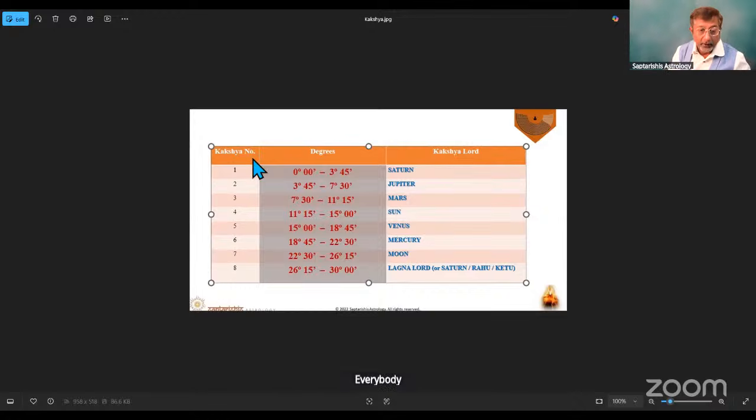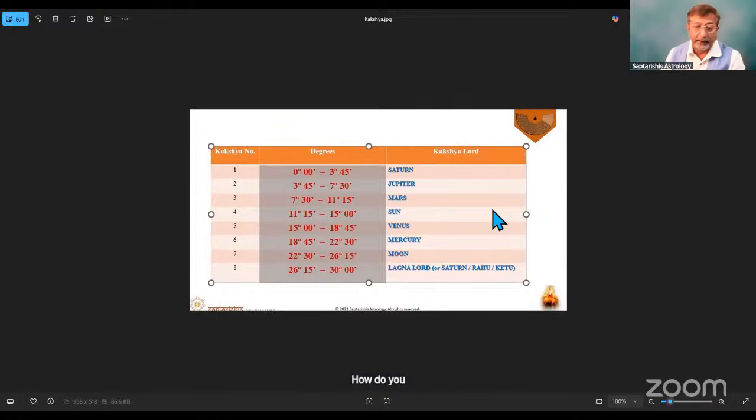Everybody, so you have 8 compartments in a particular house.